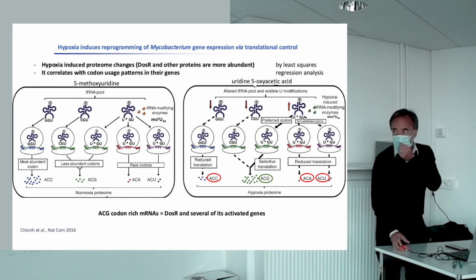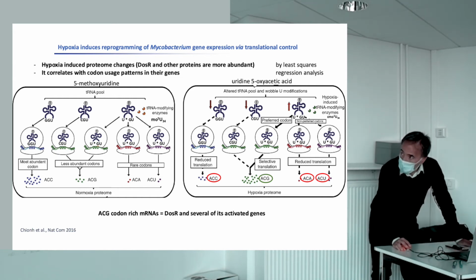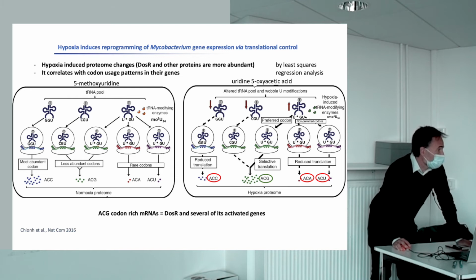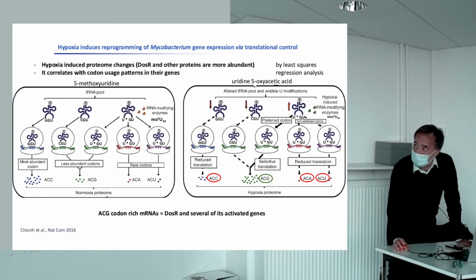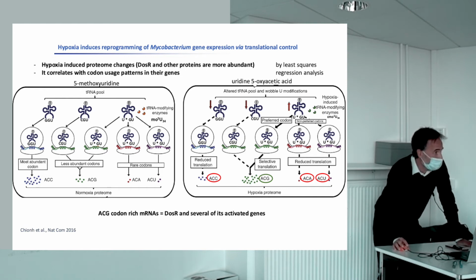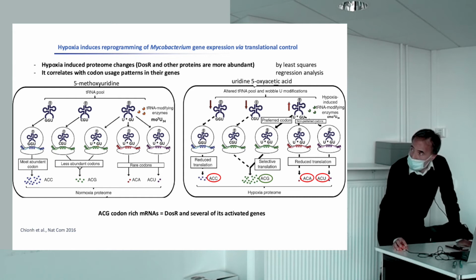So for the threonyl tRNA, for example, you can have 4 codons that can code for the threonine. The 4 codons are the ACC, the ACG, the ACA, and the ACU. In normal condition, you have 3 tRNA species that are present: GGU anticodon, CGU, and the UGU that is modified.